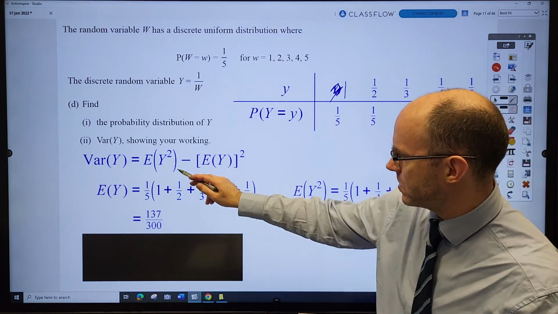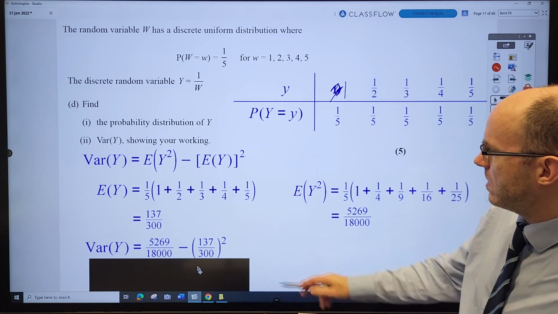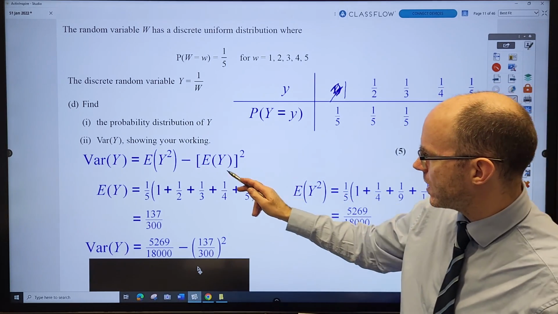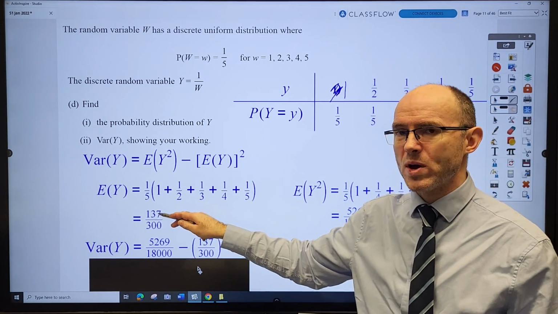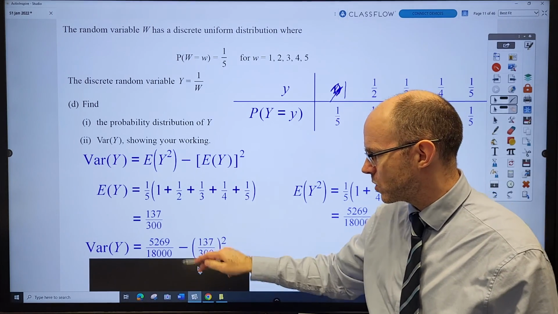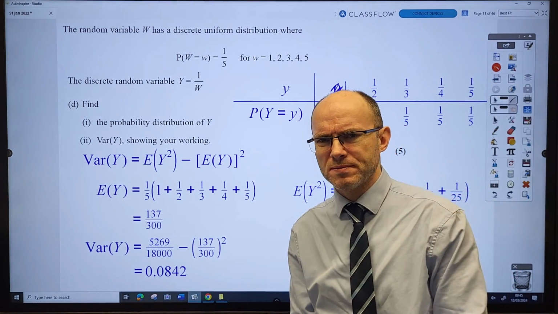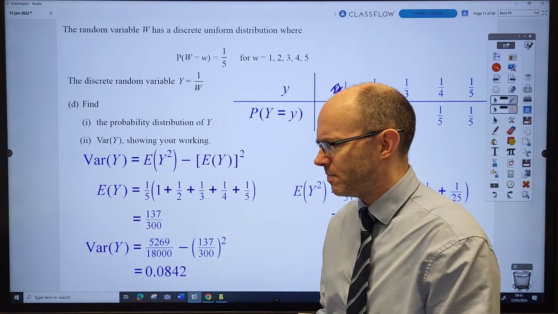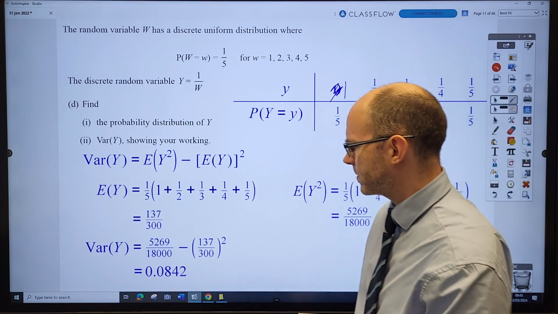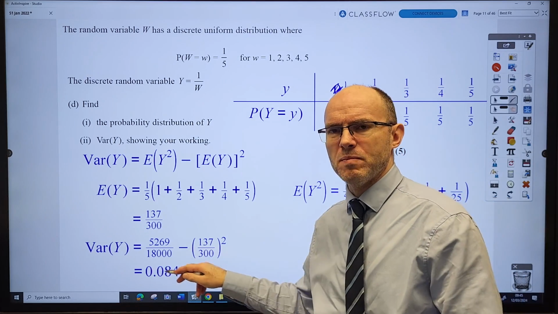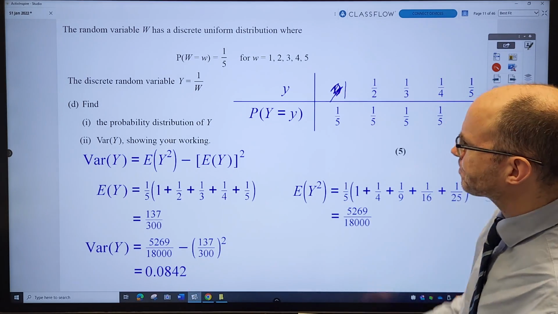And then you just substitute them into this here. So E of Y squared, which is that, subtract E of Y all squared. Don't forget to square that. 137 over 300 squared, and that gives you this. Y is a decimal at this stage? Usually in S1 decimals are perfectly acceptable. So I'll put that there to 4 decimal places.